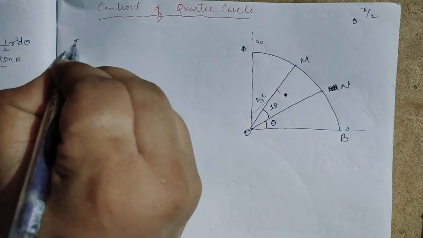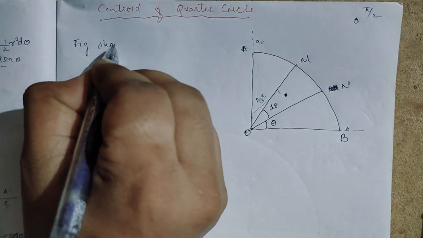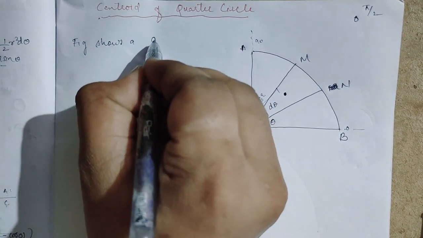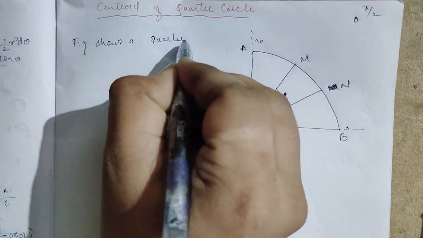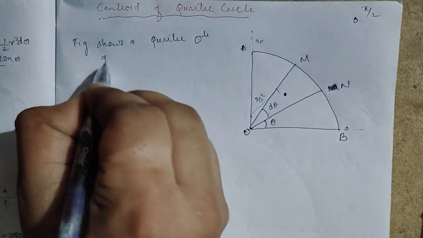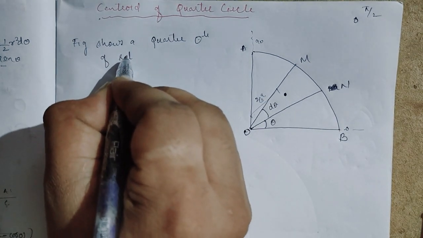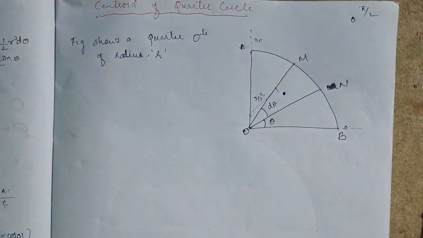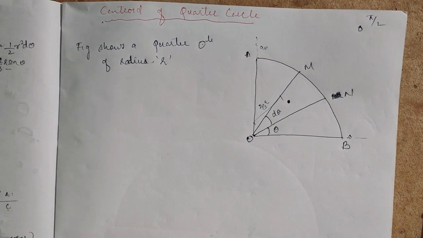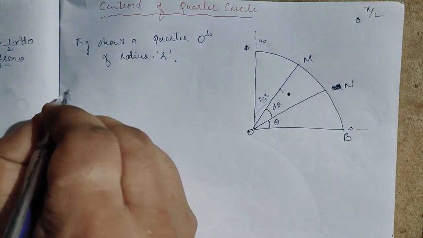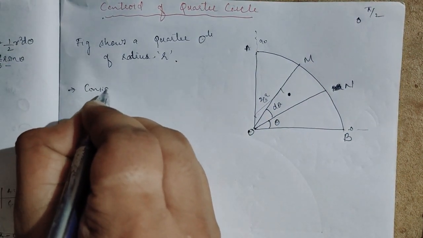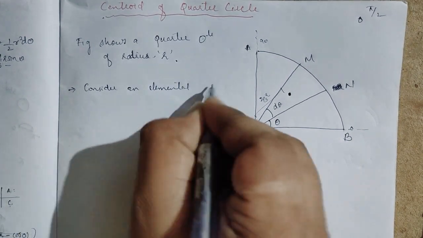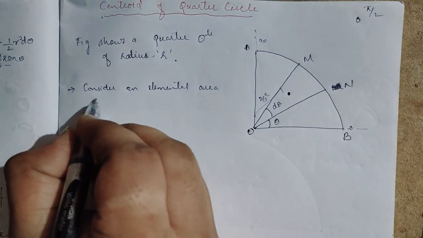So the figure shows a quarter circle of radius r. As we considered in the semicircle, consider an elemental area.